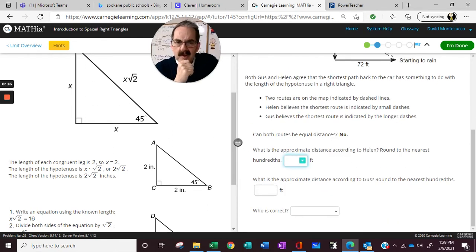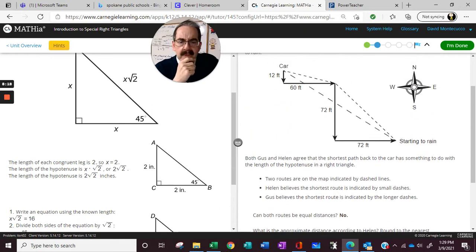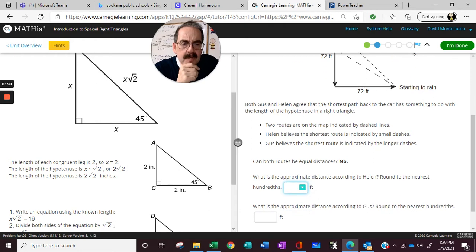So we've got a lot of math here, don't we? I'm thinking 72 squared, but we know it's a 45, 45, 90, so 72 radical 2.